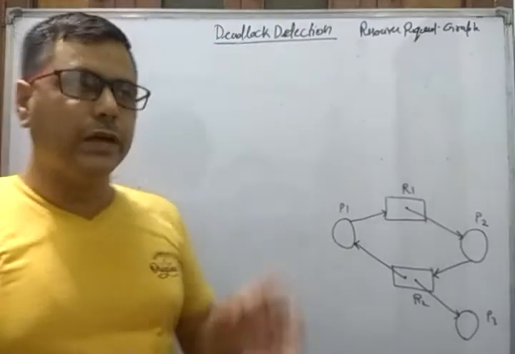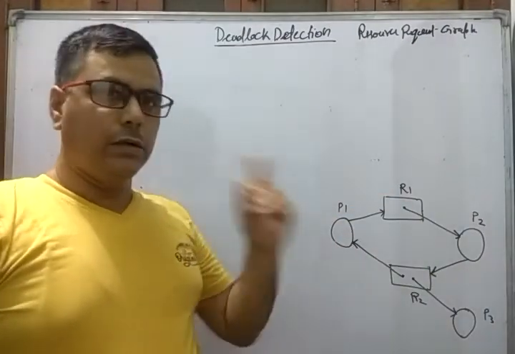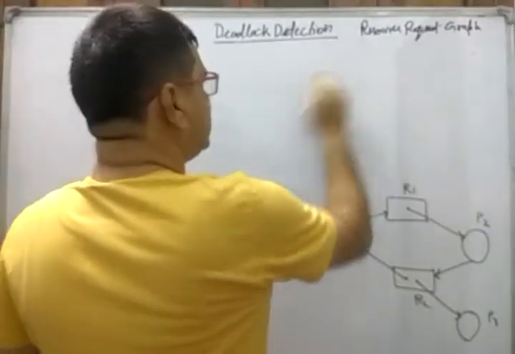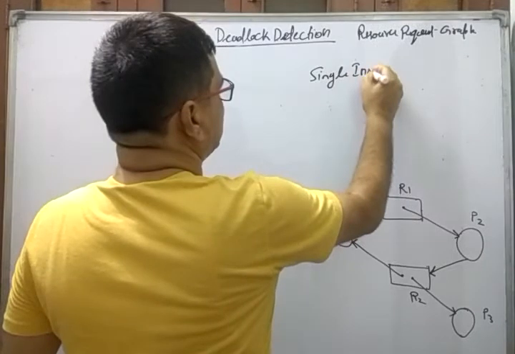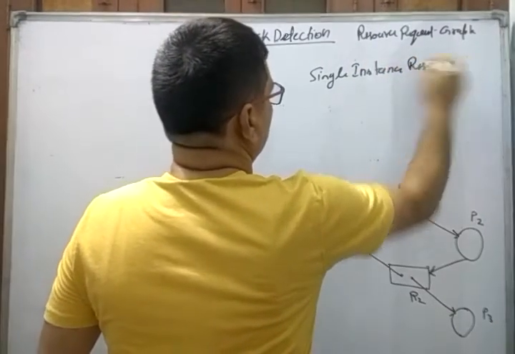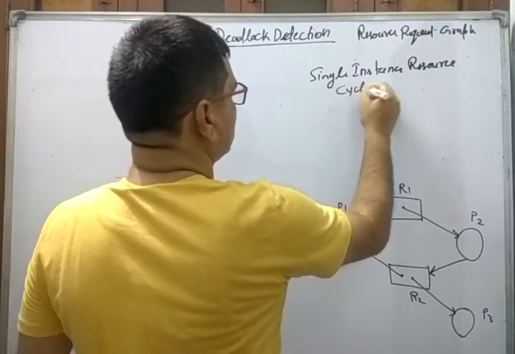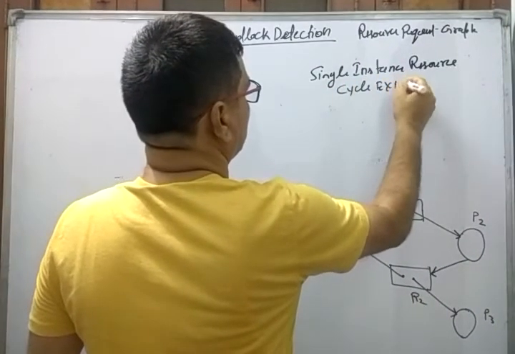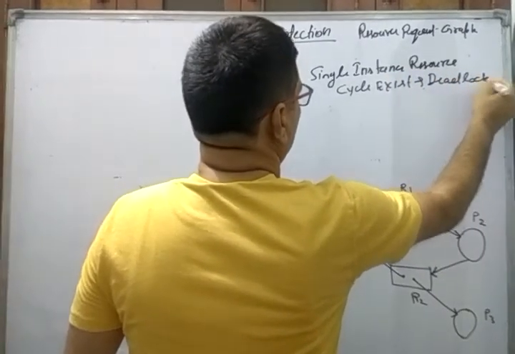But we cannot decide deadlock from the cycle alone, because in a single instance resource, if a cycle exists, then deadlock occurs.